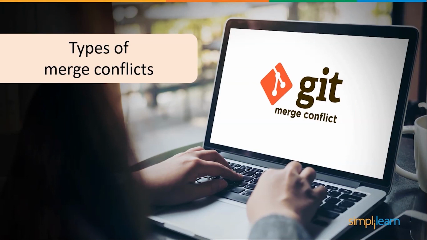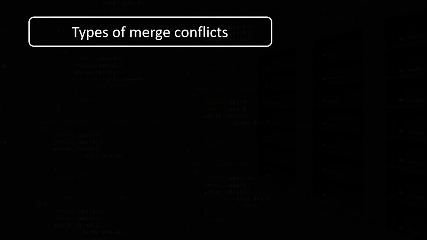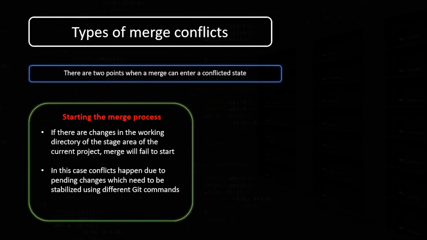Now what are the different kinds of merge conflicts which we normally face? First of all, there are two points where a merge can come into a conflicted state. The very first one is when starting the merge process.